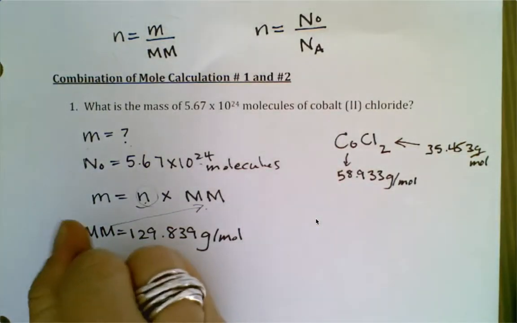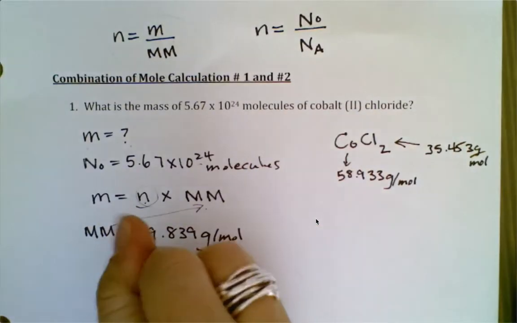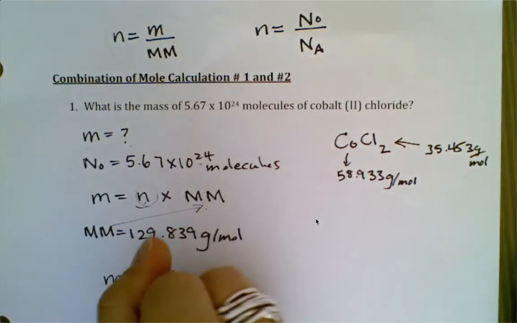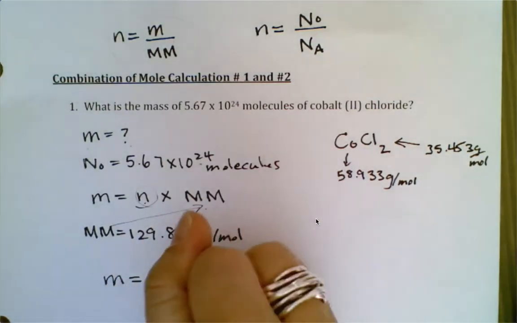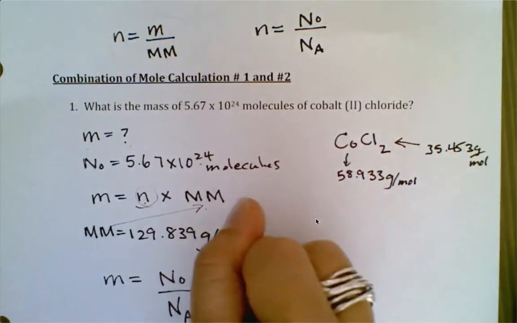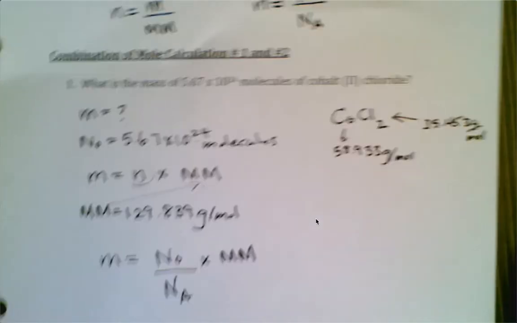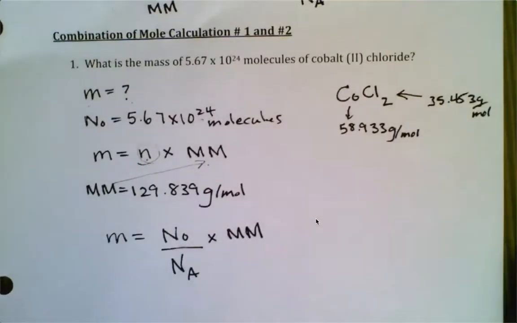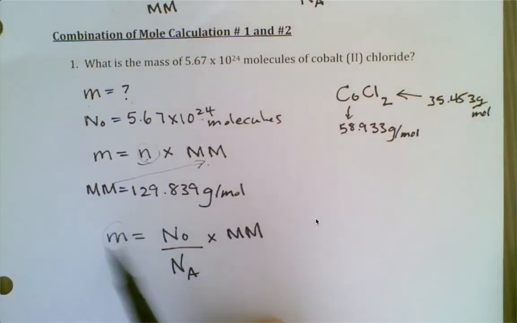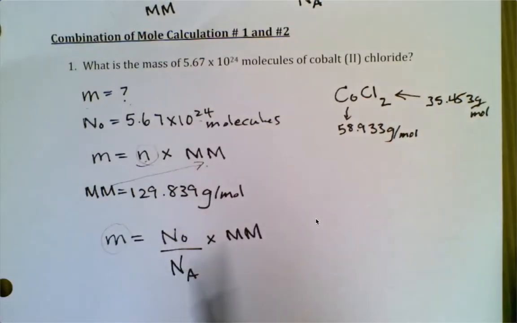So mass will equal number of molecules all over Avogadro's number times molar mass. Now I have an equation where I have only one variable that I'm solving for, and I know the rest.